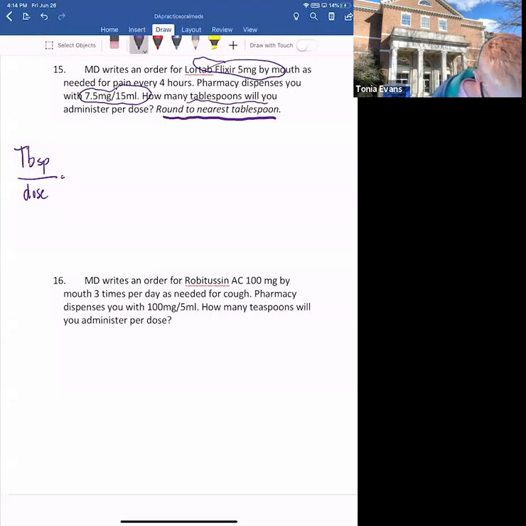All right, what do I know about tablespoons? There's nothing about tablespoons in there, so I'm going to have to convert. I know that 1 tablespoon is 15 milliliters. Okay, I know that because I know all my conversions, right?